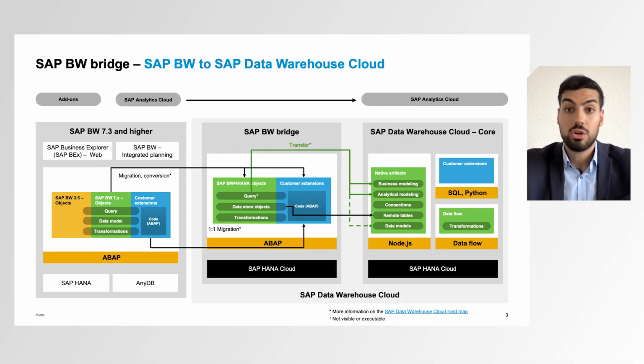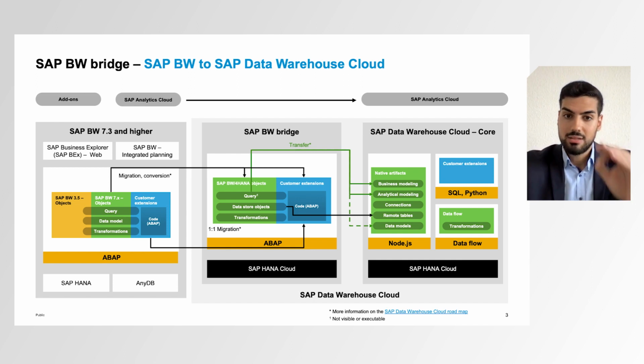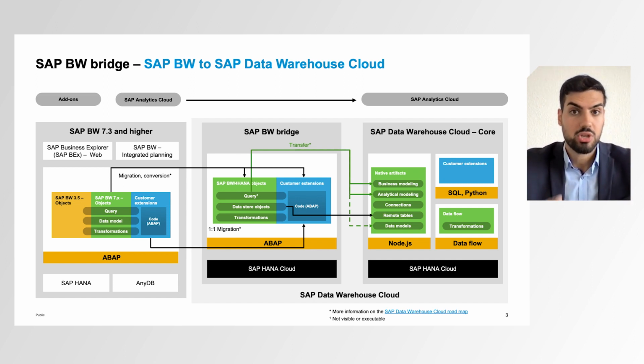This offers all the benefits of the cloud based on SAP BW investments and enables our SAP data warehousing customers to get instant access to SAP data directly with SAP BW Bridge, and to expand the data reach to other sources directly with SAP Data Warehouse Cloud Core. All this provides our customers a huge benefit that we provide directly as part of our strategic cloud-based solution, SAP Data Warehouse Cloud.